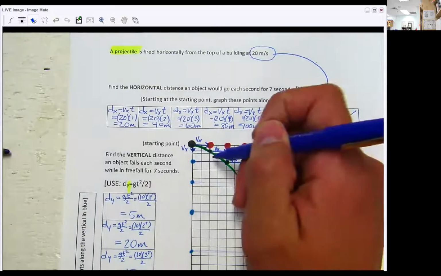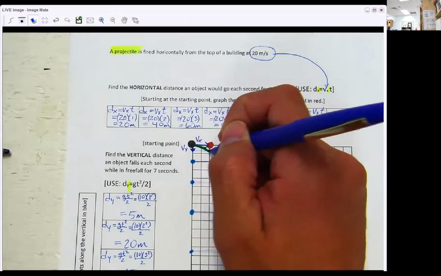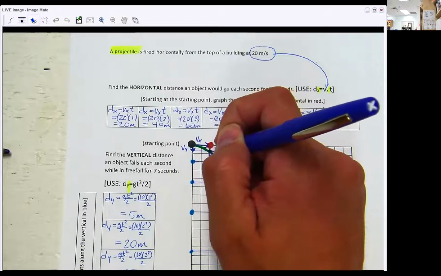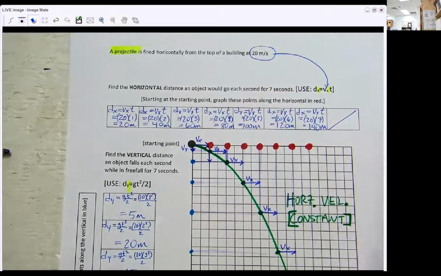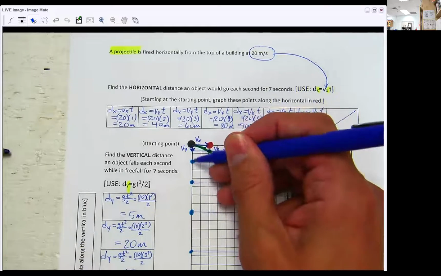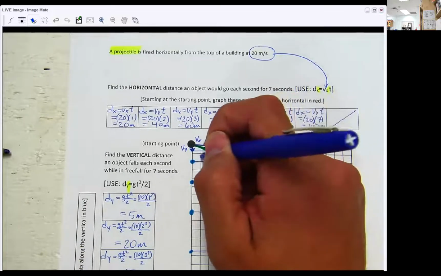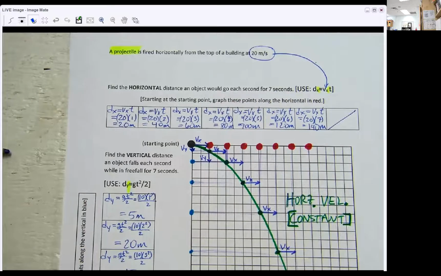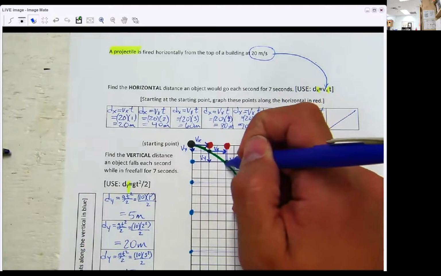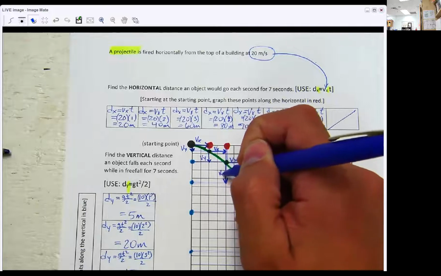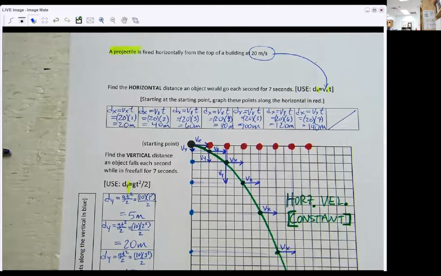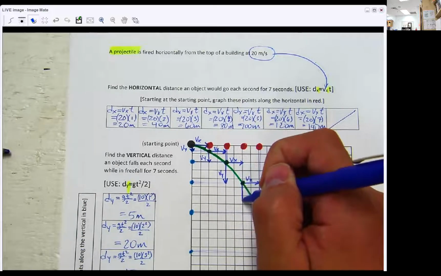So I go to the next point here, and I'm going to start at that point and draw an arrow down until it comes in contact with that line where it would be if it fell for another second. Again, I'm going to label that V of Y. And so I will continue drawing my arrows, my velocity vectors, and then labeling them as well.